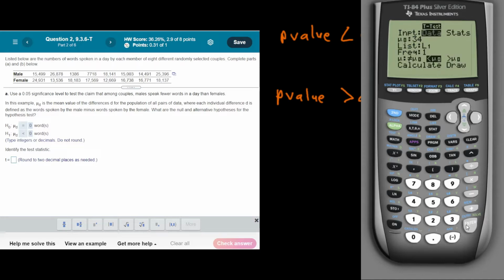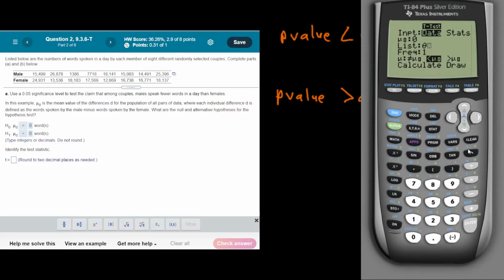Now, you want to go to data because we input data. And remember, mu sub 0 is the claim number. In our case, the claim number is the 0 that's right here. You see mu sub d. We're going to just put a 0. Which list are we using? We're using L3.